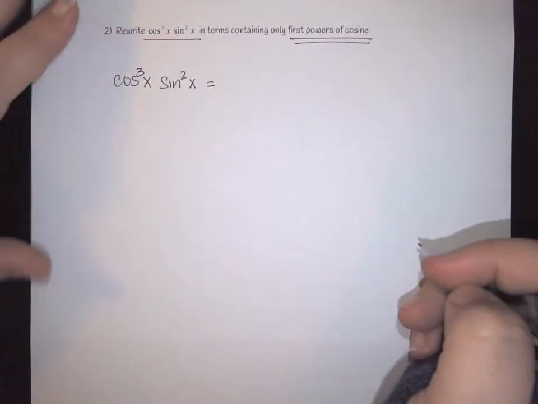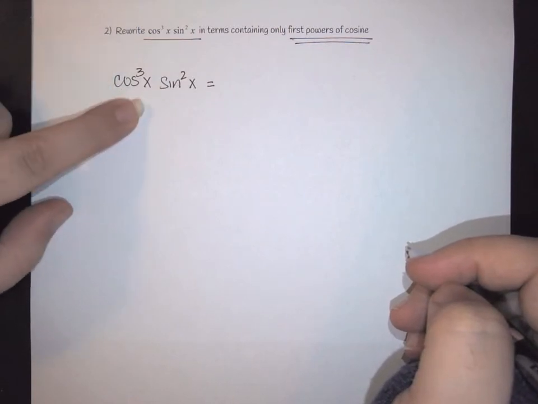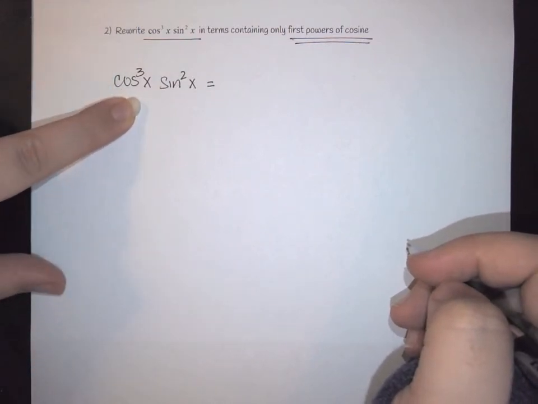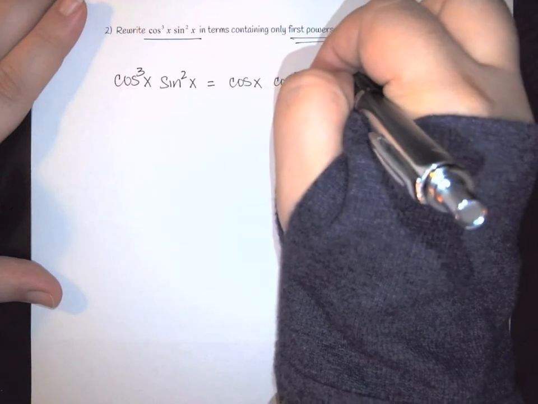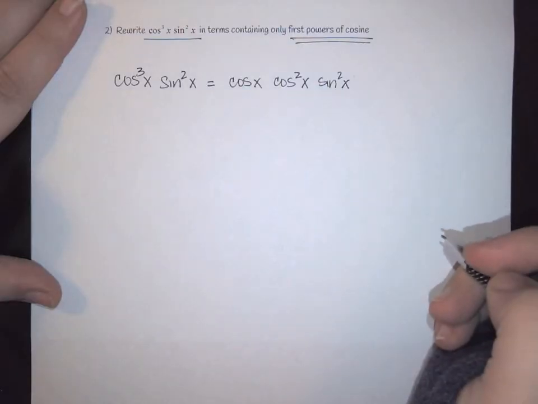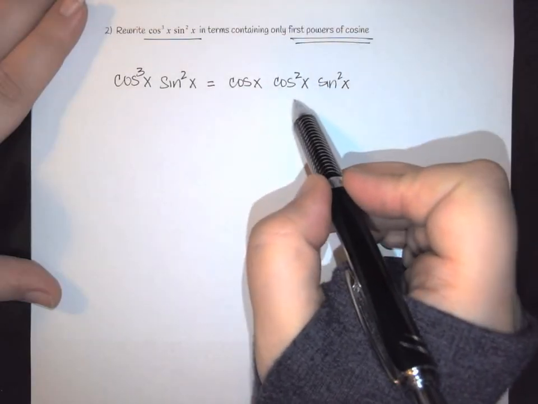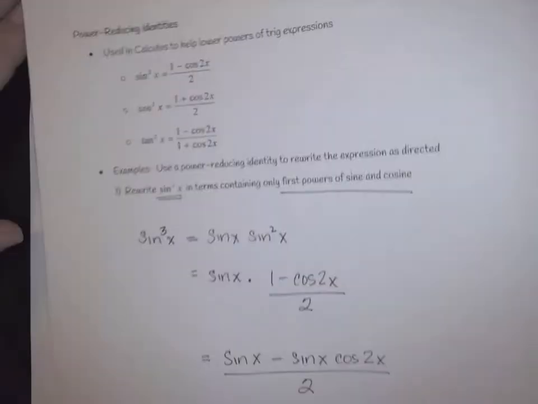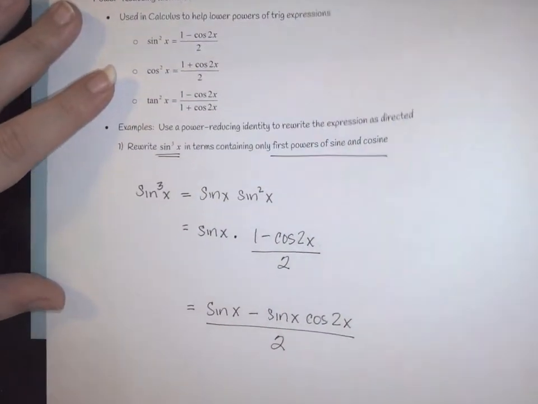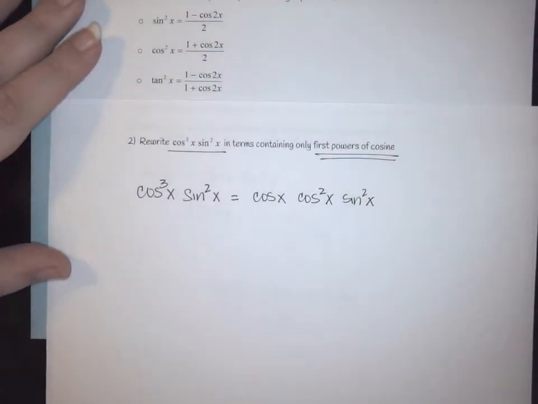The first thing I'm going to do is work with my cosine cubed and reduce that. So this can become the cosine of x, the cosine squared of x, and then I still have sine squared of x. Now I have a cosine squared, so we have the cosine squared identity. As a reminder, let me do it like this.